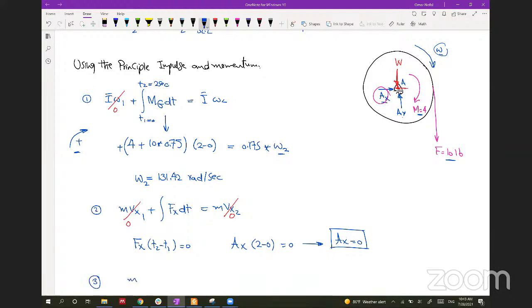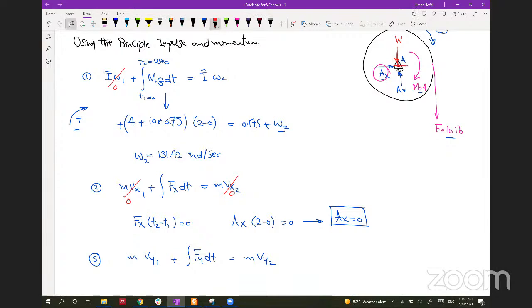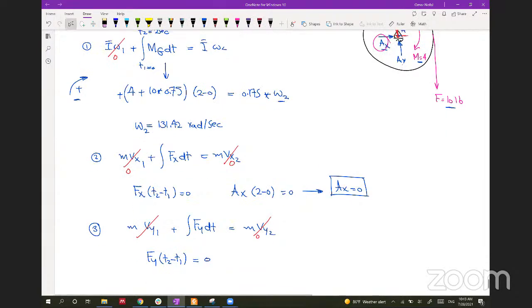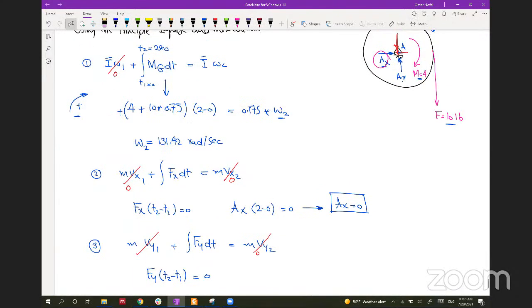The 3 is the mvy1 plus the integration of Fy dt will be equal to mvy2. Also, the body is not moving in the y direction because it's restrained here at the center of mass. So these will be equal to 0. And you will have the Fy multiplied by T2 minus T1, and this will be equal to 0. And Fy, let's make the positive in this direction, and in this equation, I made the positive in this direction.